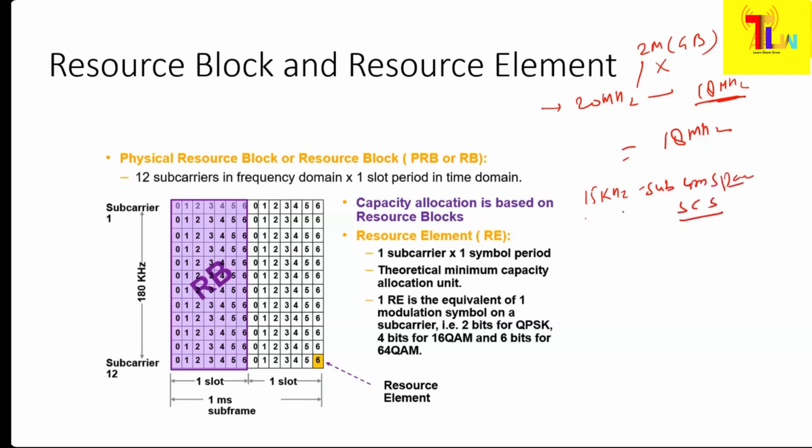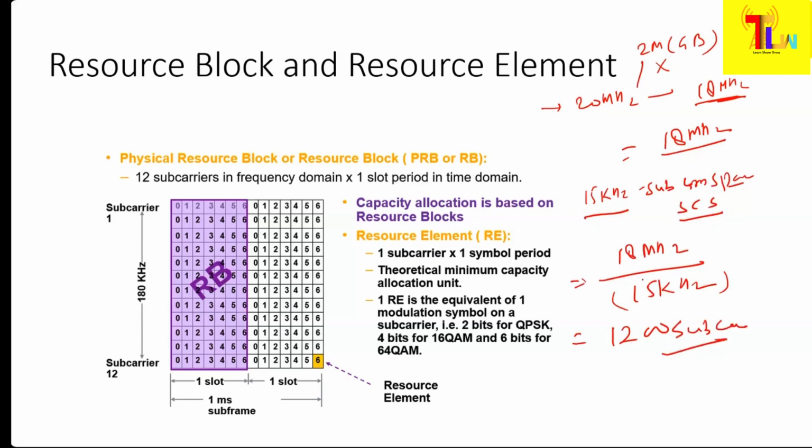So we want to calculate in LTE how many subcarriers there are. 18 megahertz total band divided by 15 kilohertz, because every subcarrier spacing is 15 kilohertz. So the total number of subcarriers is 1200.